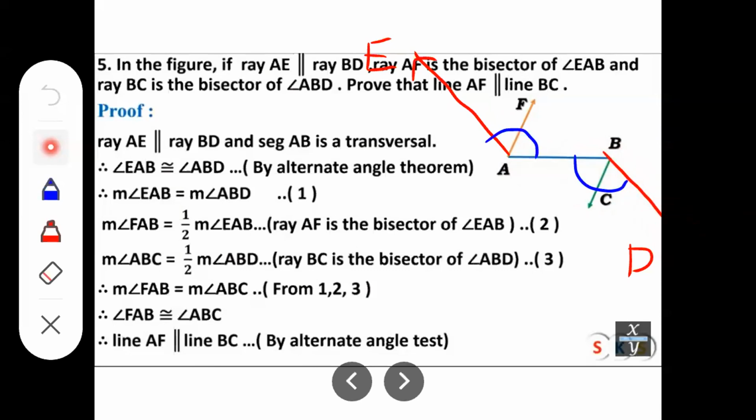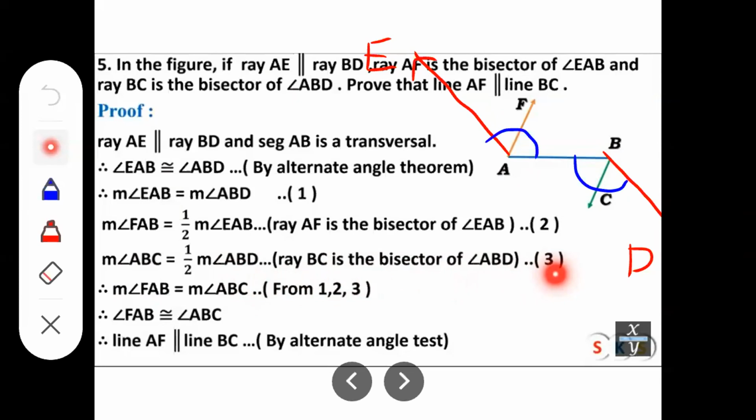So let's write it. Measurement of angle ABC, this half angle, is equal to half of measurement of angle ABD, because ray BC is the bisector of angle ABD. That is equation number 3.